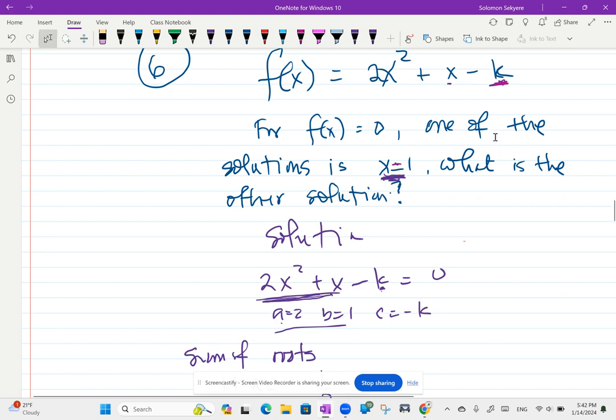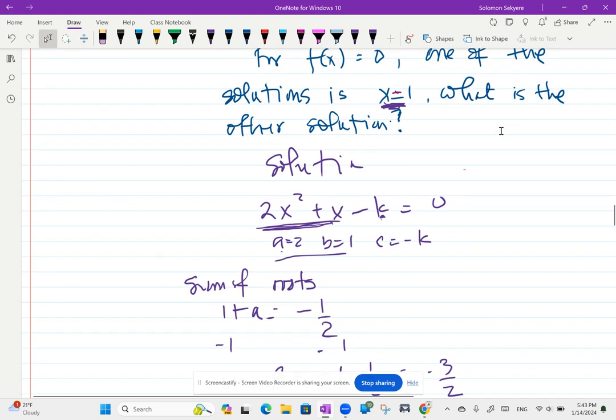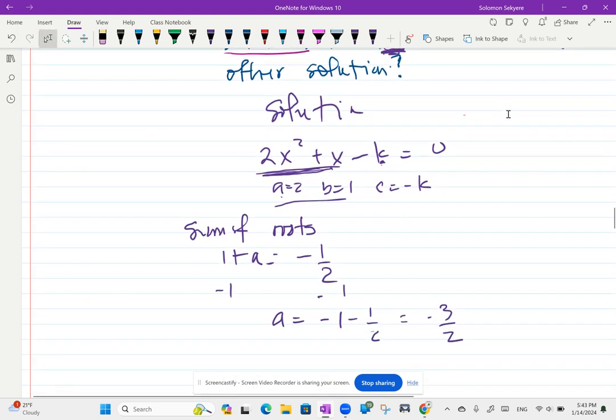Let's find a way of doing it. It's a quadratic equation, and we are talking about the roots. So you look at key phrases and keywords. We have a quadratic equation, and we hear one of the solutions. Think about roots, solutions. What is the other one?